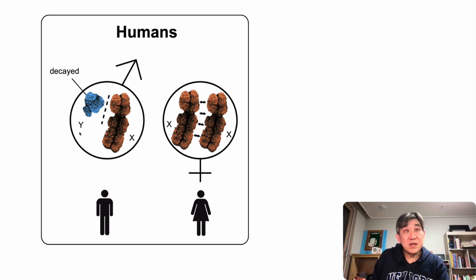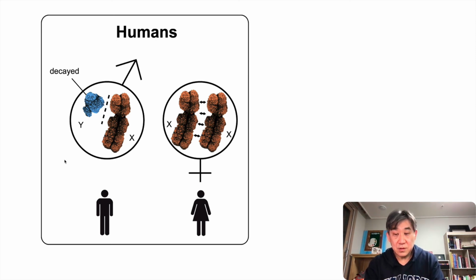The reason the Y chromosome does not have any recombination is that Y and X are totally different chromosomes. They don't have any sequence similarity, practically speaking. Recombination can only take place between the same kind of chromosomes, like two X chromosomes. Between Y and X, recombination cannot take place.